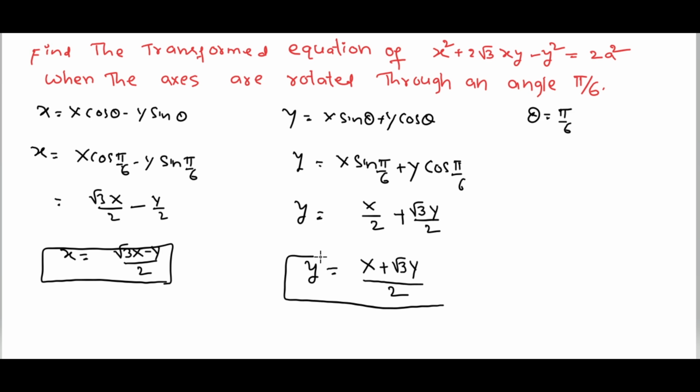So substituting these two values, small x and small y, in the given equation, that is the transformed equation of x square plus 2 root 3 xy minus y square is equal to 2a square.